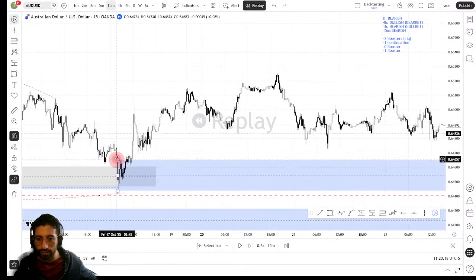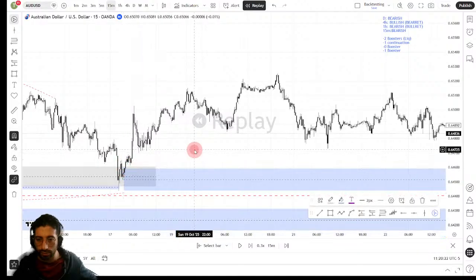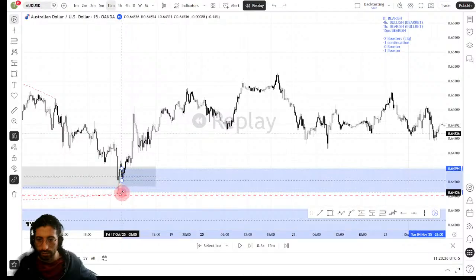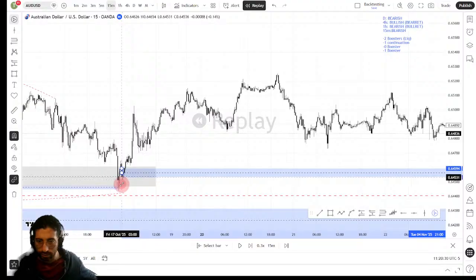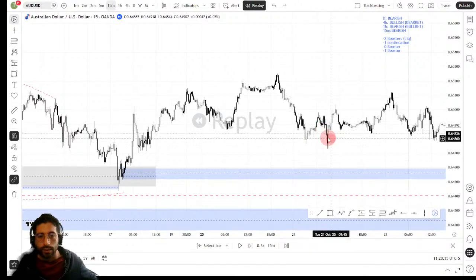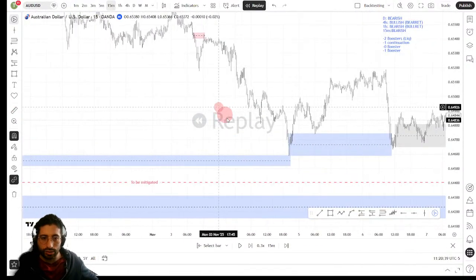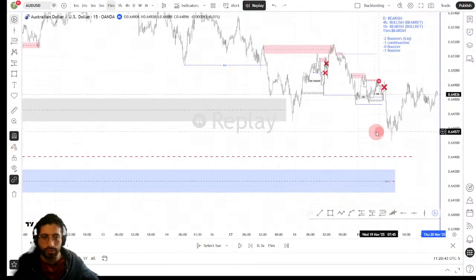All right, look here. So when you get this precise, it's to understand the reaction. So look, the price simply took the liquidity and now it's making a retracement.